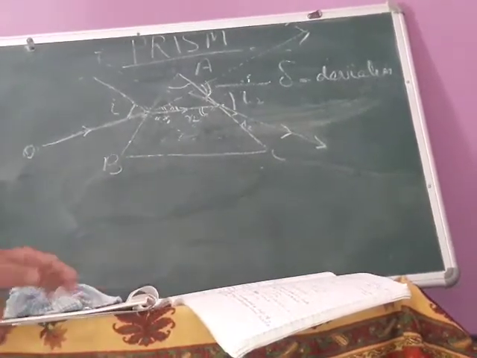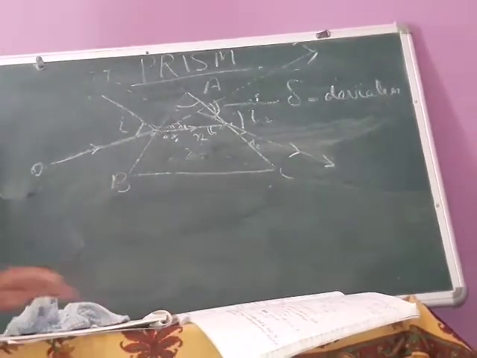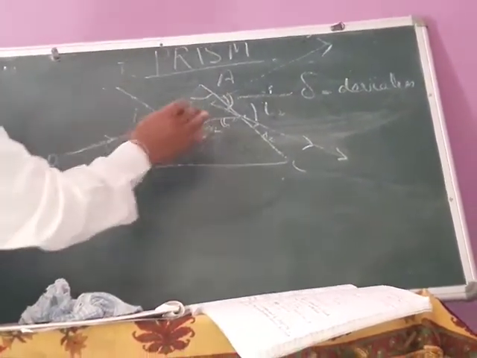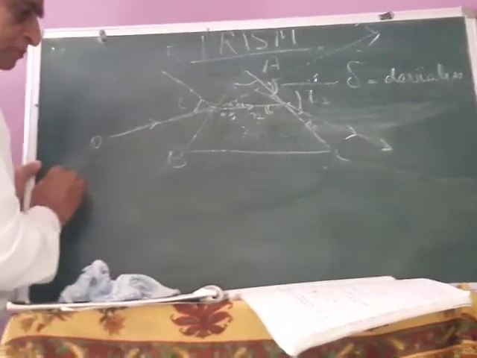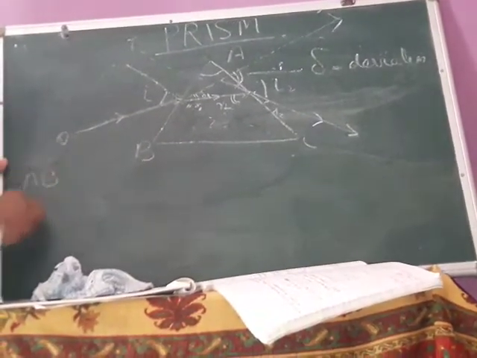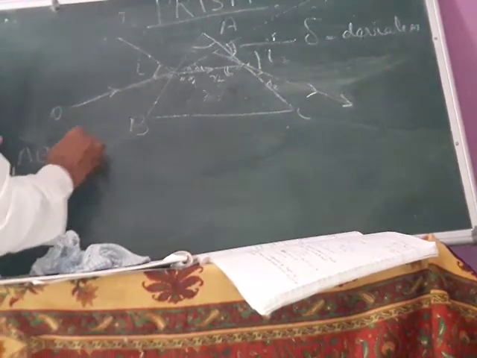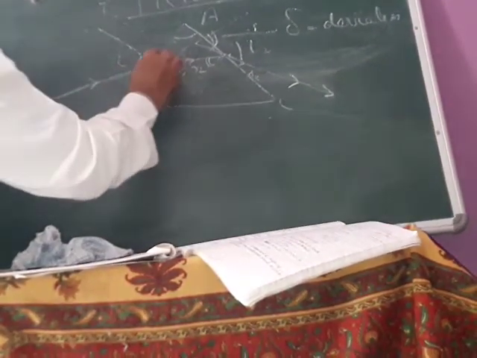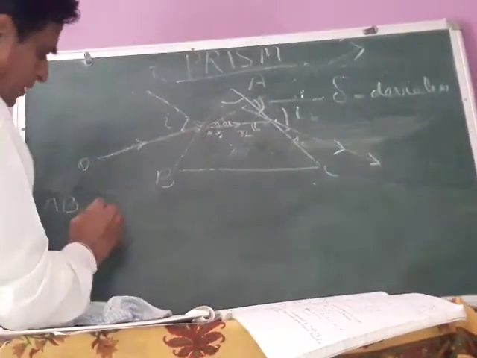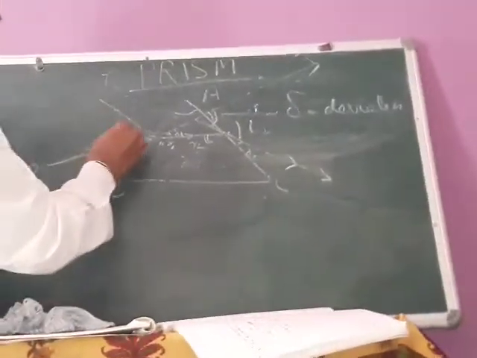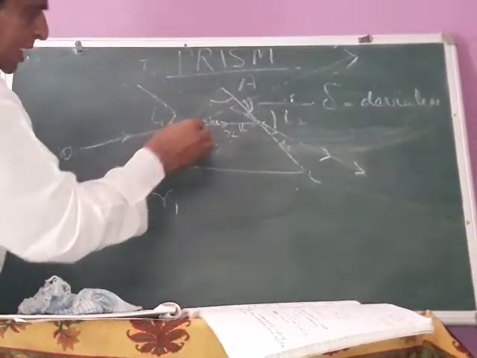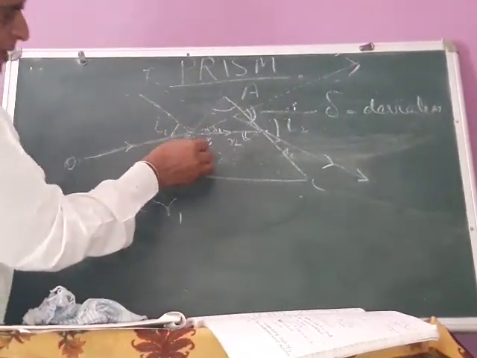Now we have to find out the relation between the three things. Now see in this face AB, the first deviation is how much? Delta 1. This delta 1 is I1 minus R1. This is the first refractive angle.